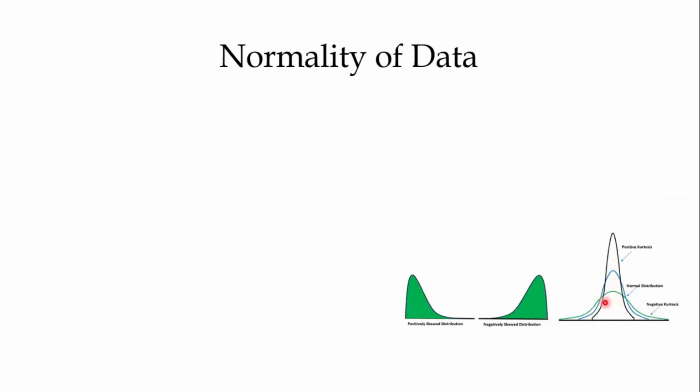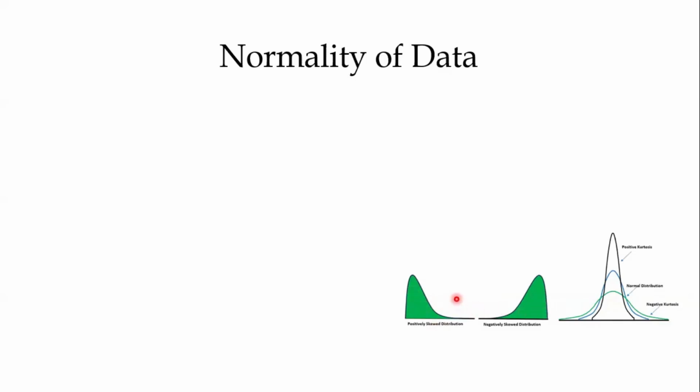So it means 50% of the study participants will be to the left of the mean and 50% to the right of the mean, right? But you can have situations where the majority of the study participants may be to the right of the curve, for example, or to the left of the curve. This is what we can refer to as skewed distribution.